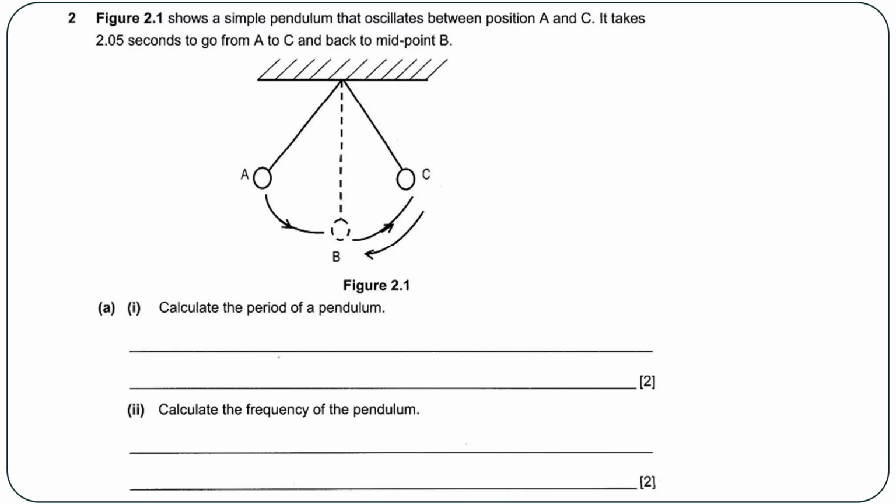So we have this question, which was number 2, which reads: figure 2.1 shows a simple pendulum that oscillates between position A and C. It takes 2.05 seconds to go from A to C and back to midpoint B. This is a simple pendulum that is oscillating, or swinging, between point A and point C. Here it has oscillated from point A to point C and back to point B. The time that it has taken, as we are told here, is 2.05 seconds.